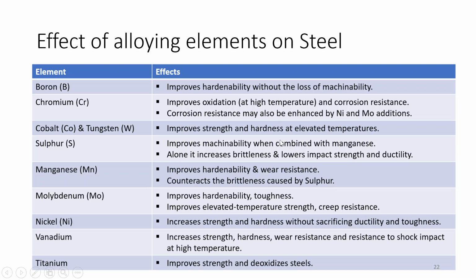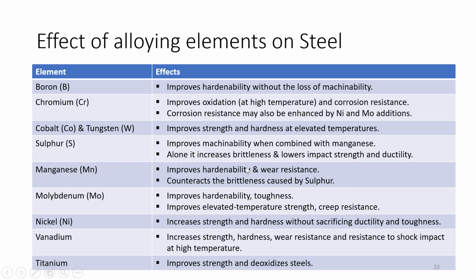And if there is no manganese present in your steel and you are adding sulfur alone, then it increases brittleness and lowers impact strength and ductility of the material. So it can have a bad impact in steel if it's added alone.